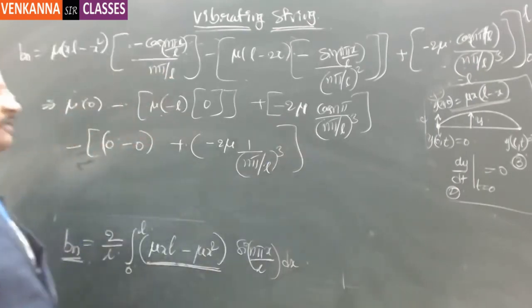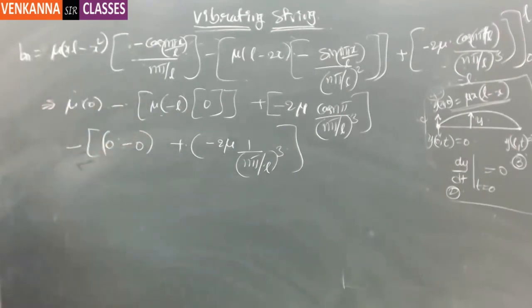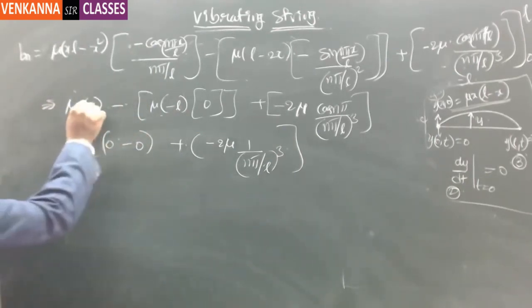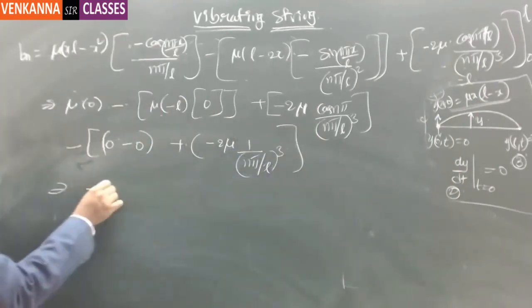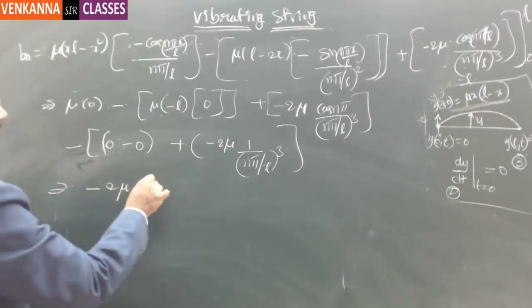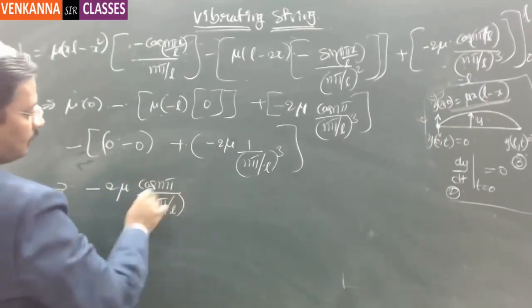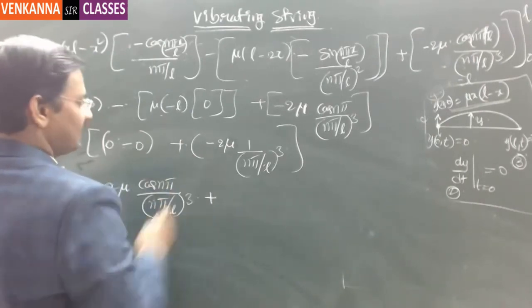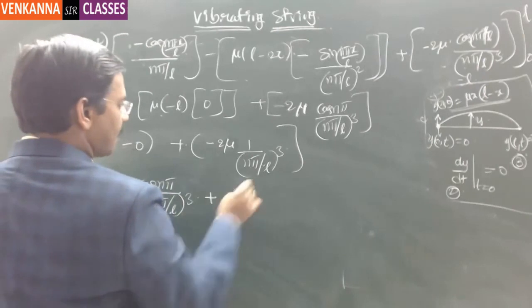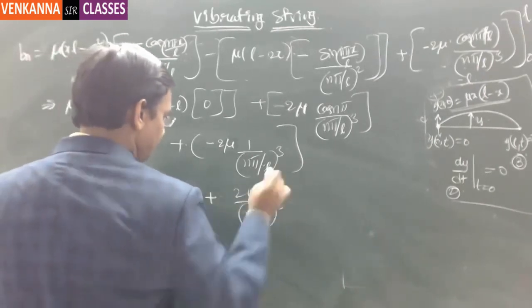So this is after substitution of the limits for the Bn value. Got it? Once you substitute these values, this is 0 and this is 0. This is minus 2 mu cos n pi divided by (n pi by L) whole cube, and then minus of minus will be plus 2 mu divided by (n pi by L) whole cube.